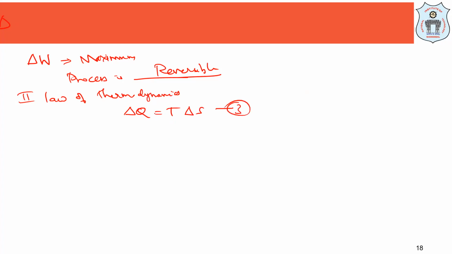And if you substitute this in equation number 2a, what is our equation number 2a? We have delta W equal to minus of delta H minus del Q, which is 2a.